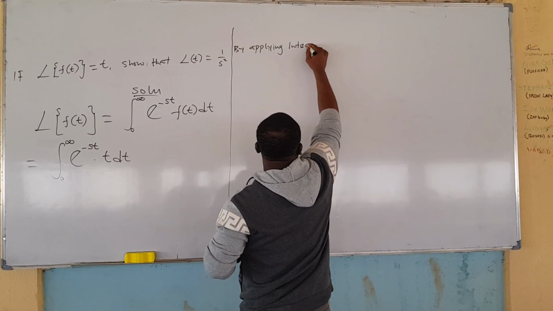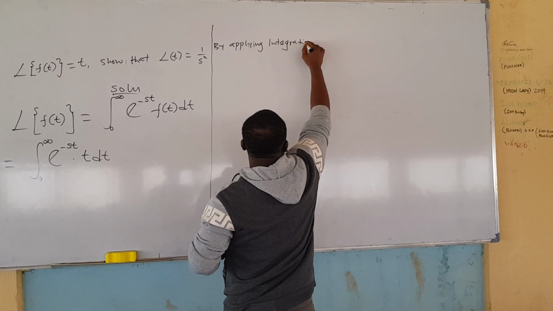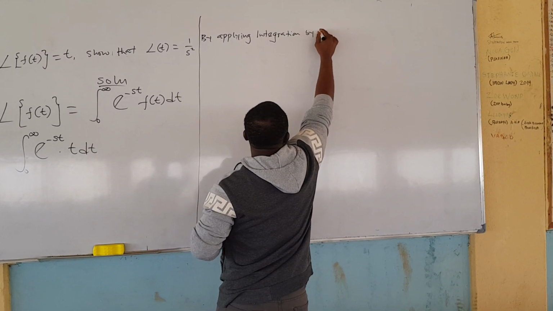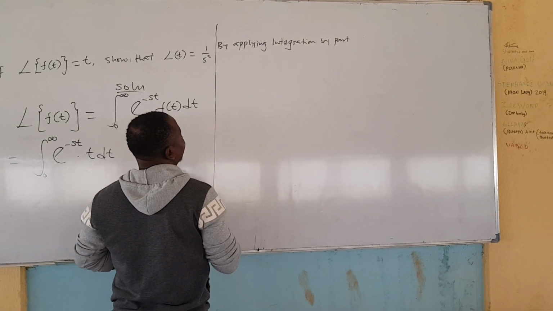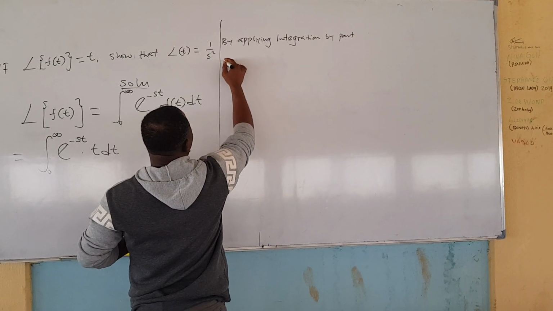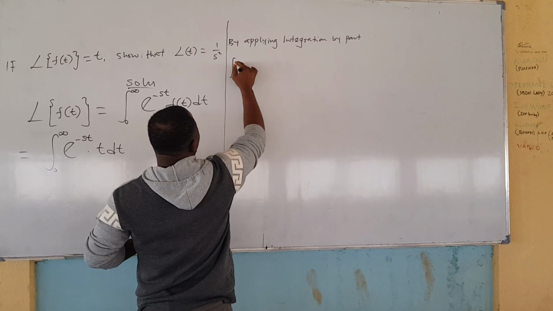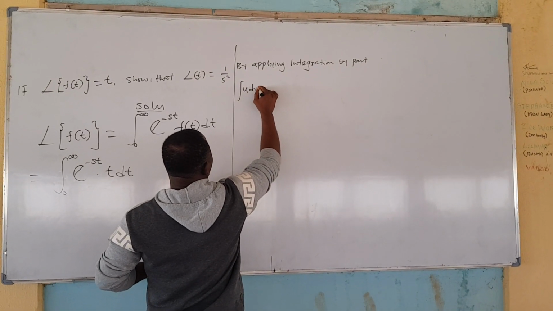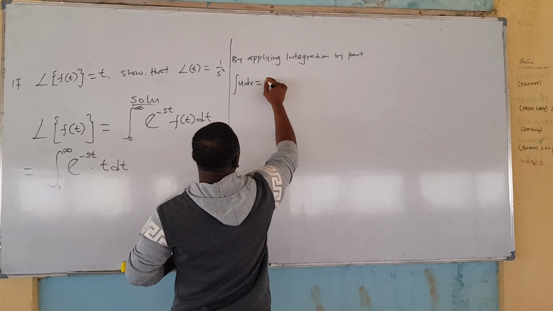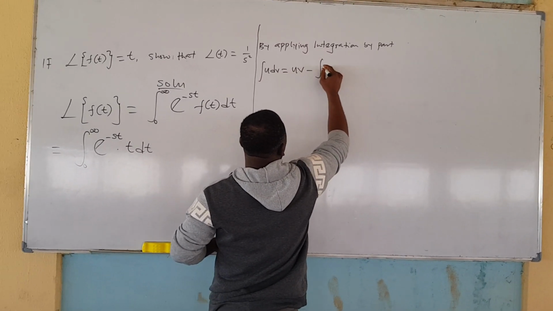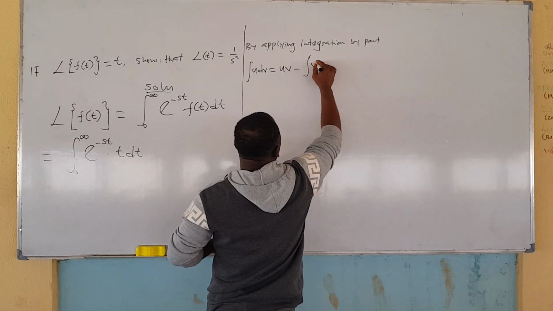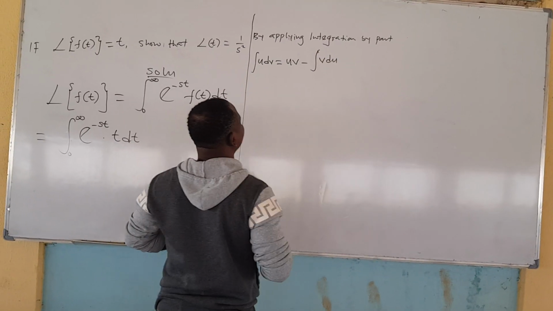Let us define integration by parts. We now write the formula. Integration by parts is given as the integral of u dv equals uv minus the integral of v du.